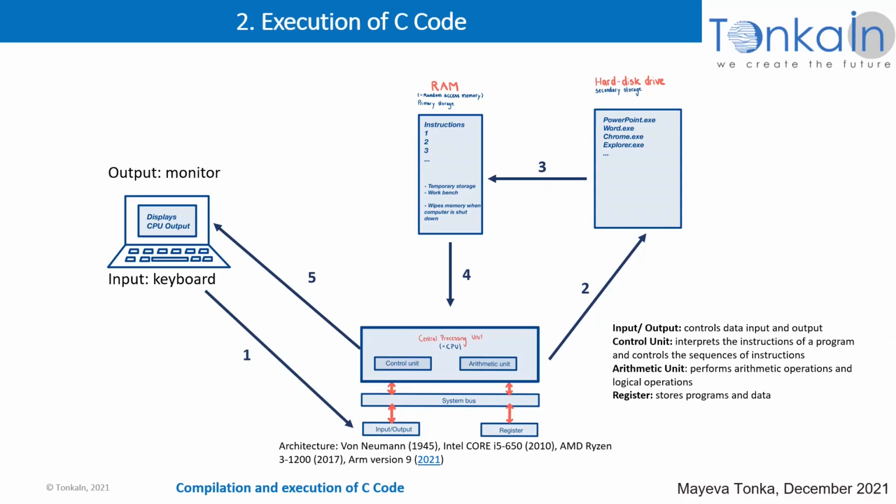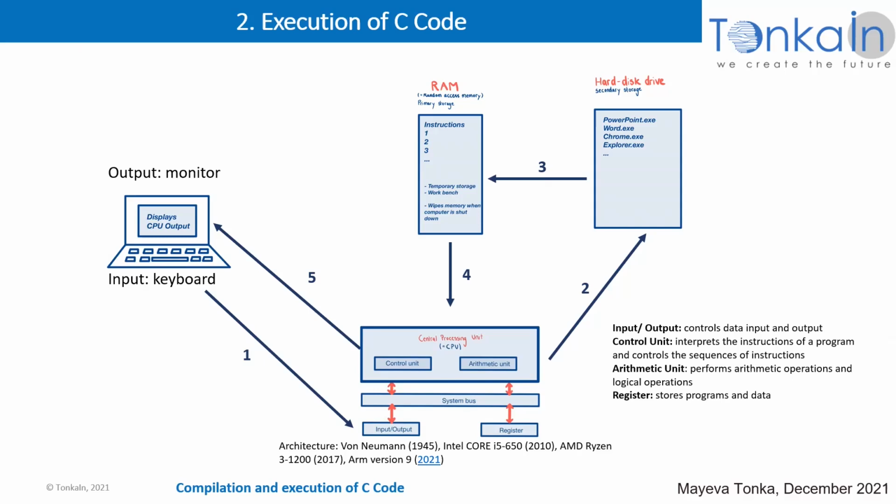Machine code is code that the central processing unit can read. You have different types of architecture, for example von Neumann, Intel, AMD Ryzen, or ARM. So the compiler will transform the instructions so that, if the CPU is from Intel, the CPU can read your instructions correctly.